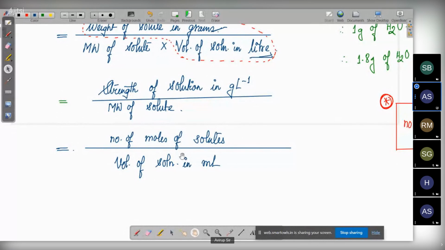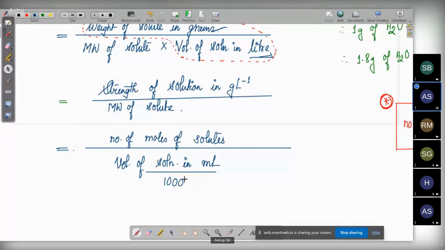Anyone? 1 milliliter is equal to how many liters? 1 milliliter is equal to 1 by 1000 of a liter. So that means in order to convert milliliter into liter, you have to divide this value with 1000.